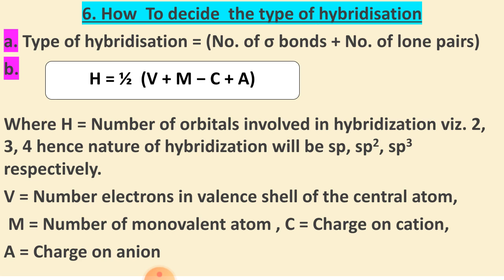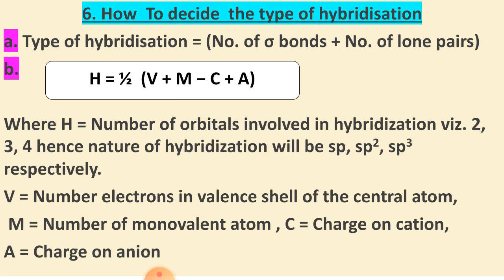So now we get half of 9 minus 1, that is half into 8, that is 4. So the hybridization of NH4 plus is sp3. By this way you can calculate the hybridization of given molecules.